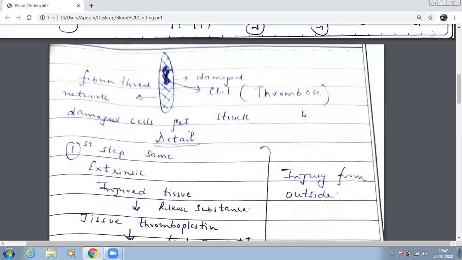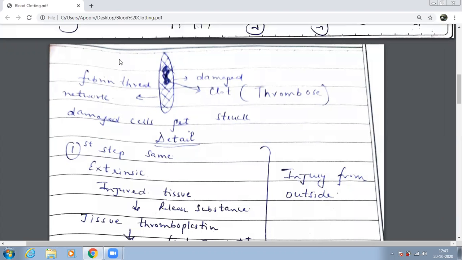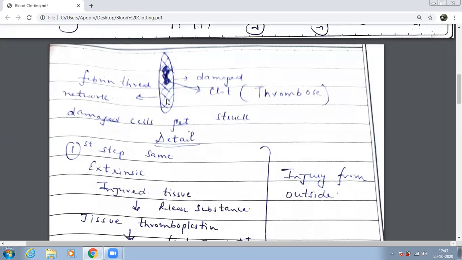This is just to visualize a little bit how it happens. What is this big structure that I've drawn over here? This is your damaged cell. And these threads, which are forming a mesh or a network, what are these threads? Fibrin threads.